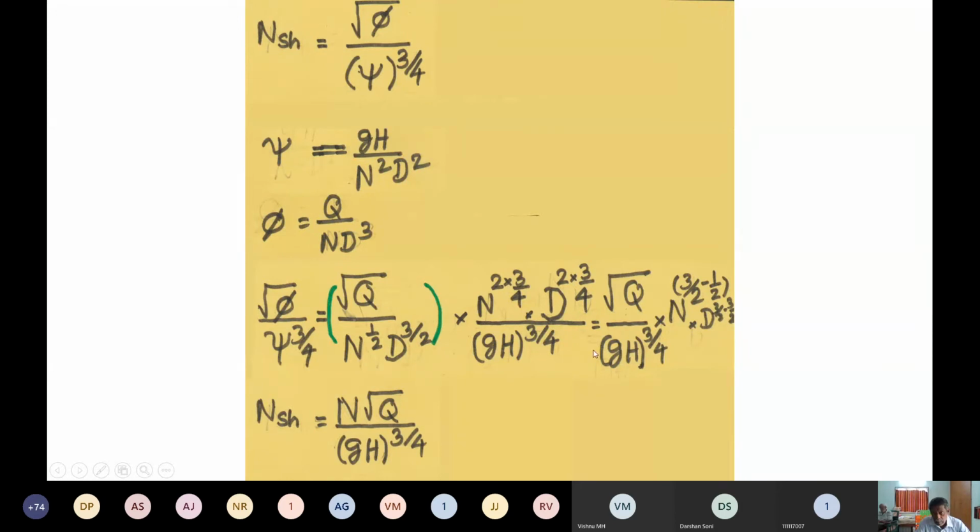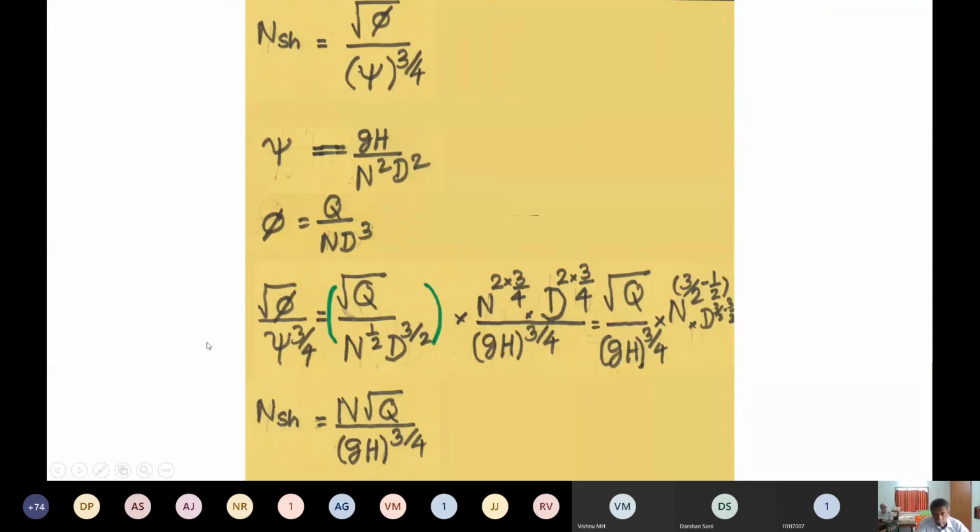Now the second term, it is psi power 3 by 4. So gh is there in the numerator here, and when it is in the denominator, I put it as gh power 3 by 4. Then the other terms n square and d square are written here and raised to the power 3 by 4.